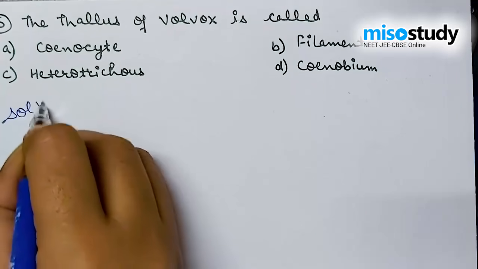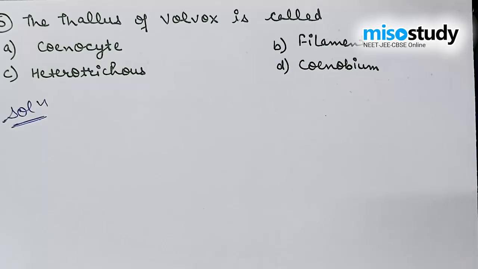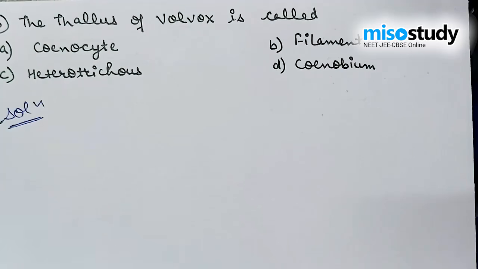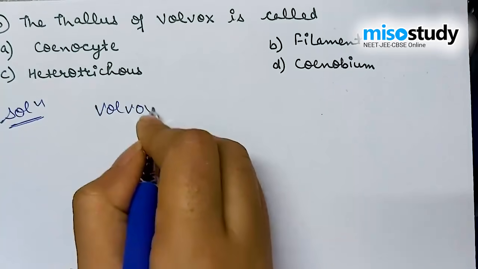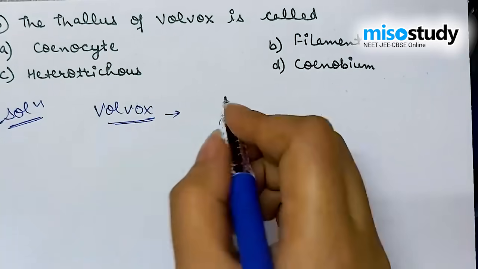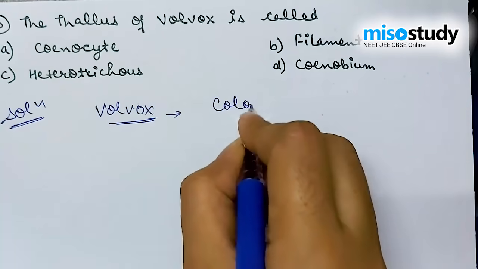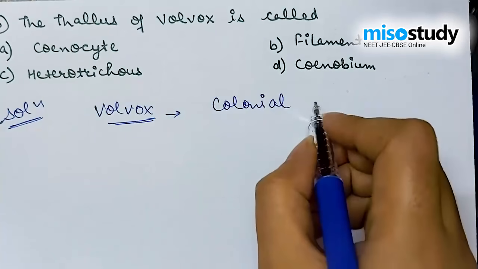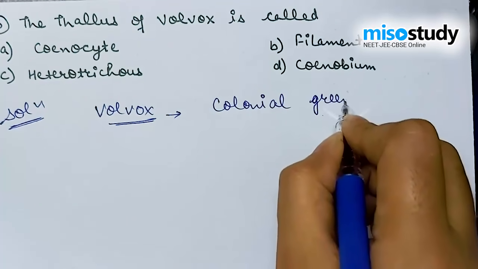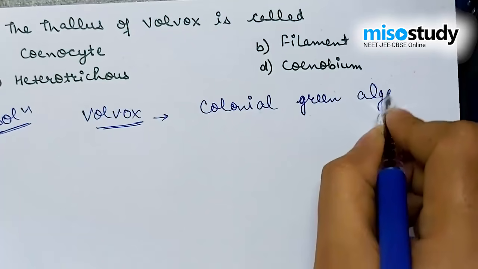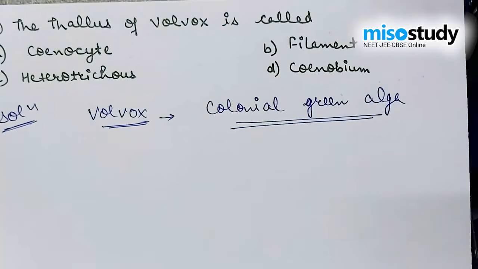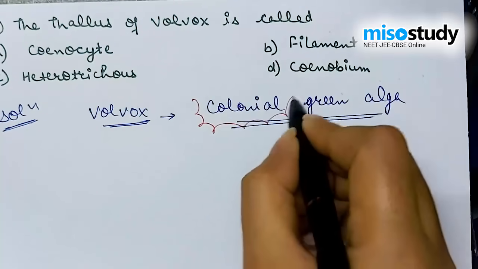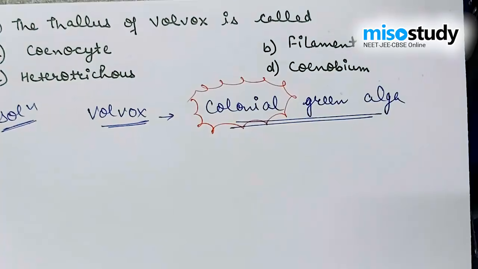First off, we start the discussion of the various options with Volvox. As we all know, Volvox is a colonial green alga, that kind of green algae that generally grows in colony basically.